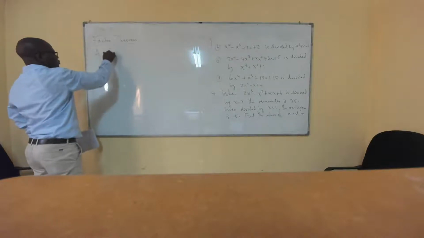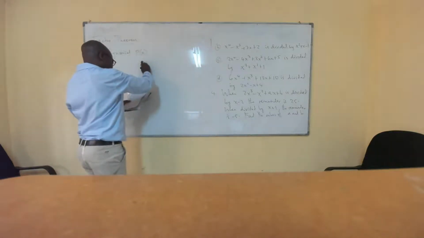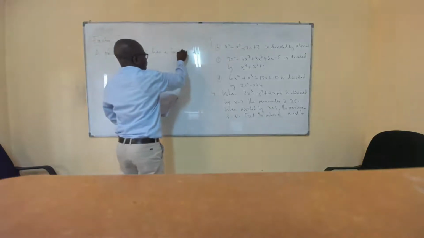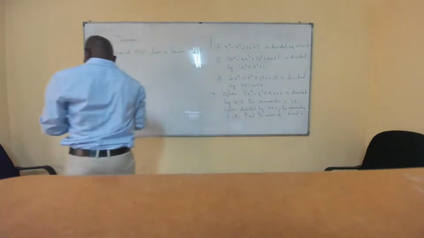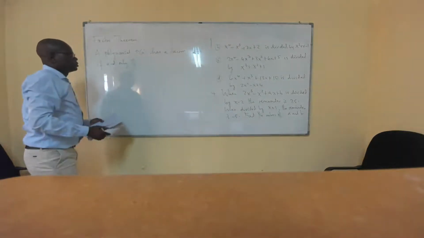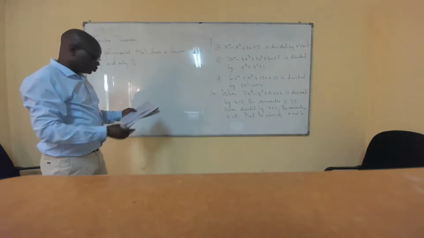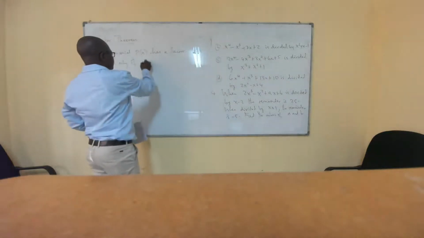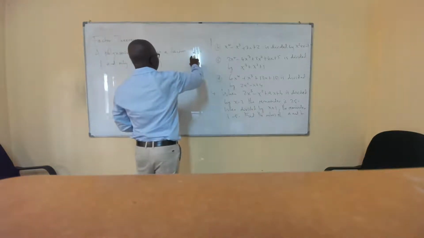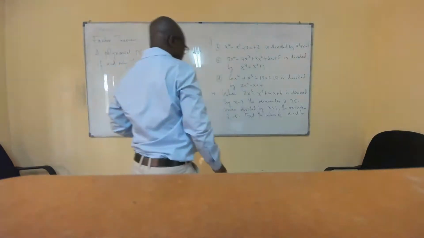A polynomial Q of x has a factor x minus a if and only if the polynomial evaluated at the point which makes this factor 0 is actually equal to 0.